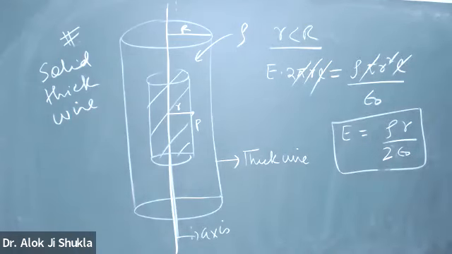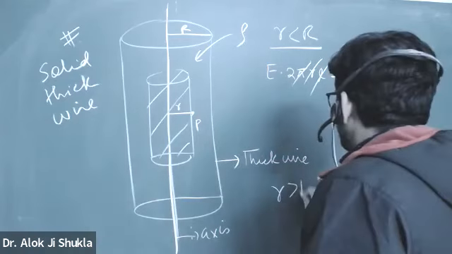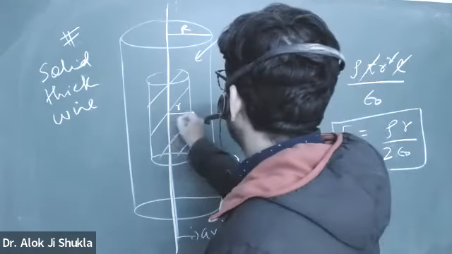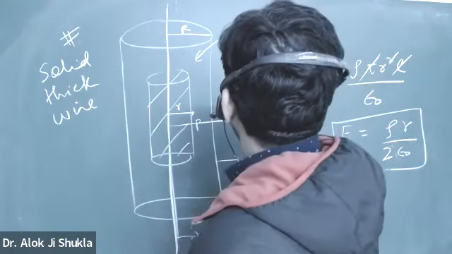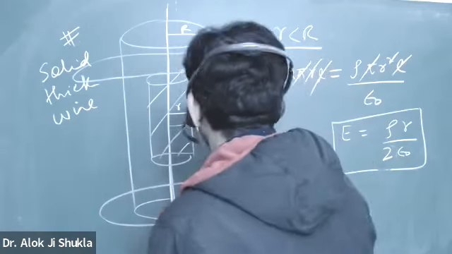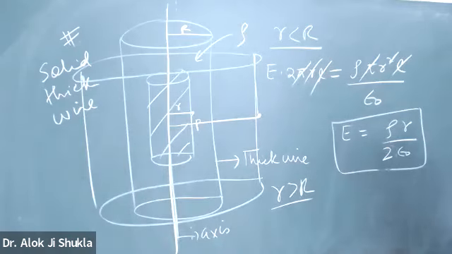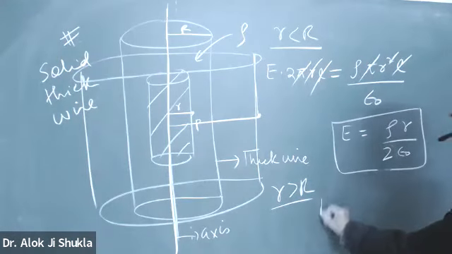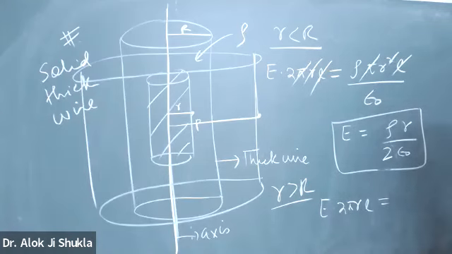Do you understand? And if you go outside, then you take the Gaussian surface here. Draw a cylinder like this. This will be the Gaussian cylinder. So for r greater than R, E into 2 pi r L is equal to the charge contained. How much charge will be there? Rho into pi R square L over epsilon naught.